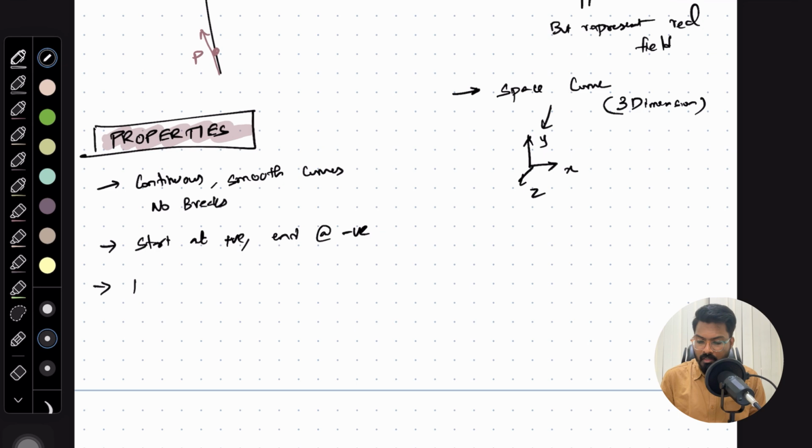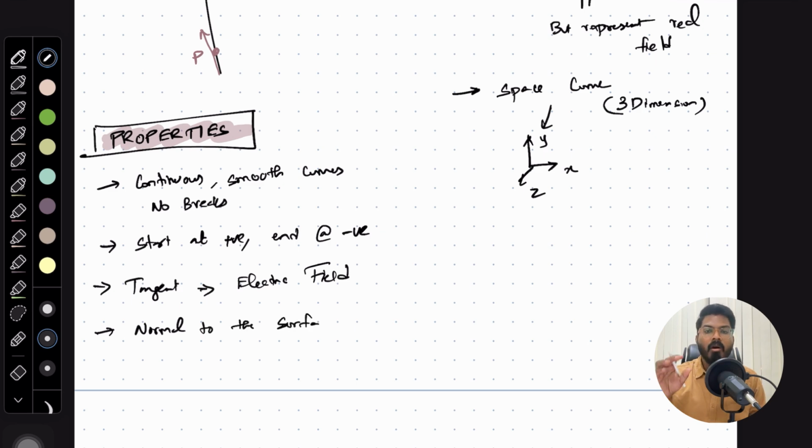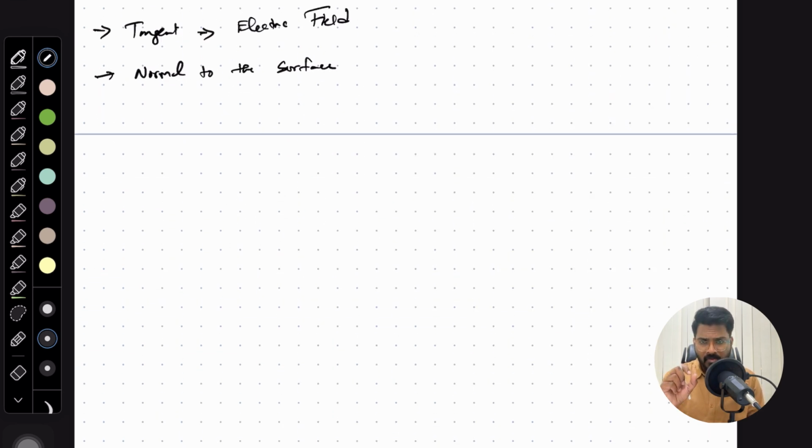Another thing is the tangent gives the direction of the electric field. They are normal to the surface of the conductor on which the charges are in equilibrium. So these are some important properties of electric lines of force. Then there are a couple of other very important properties.